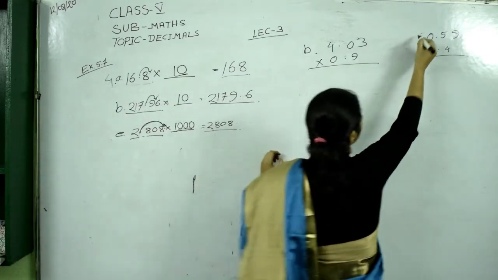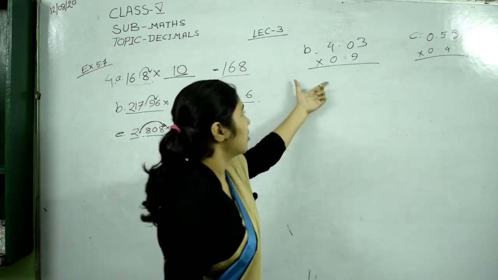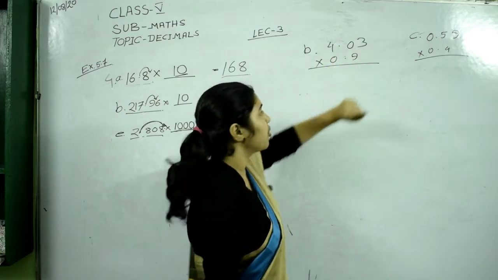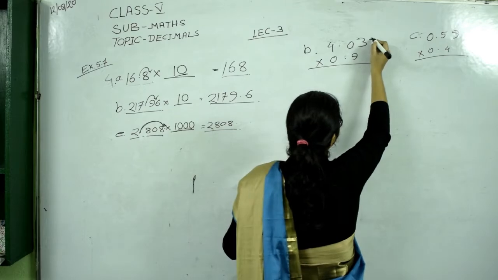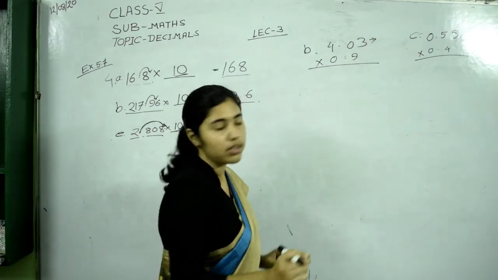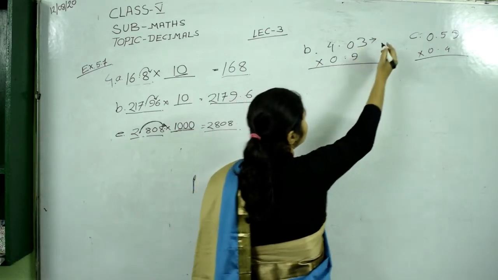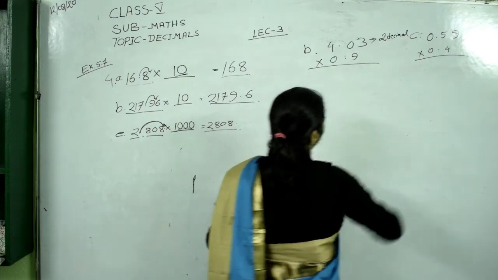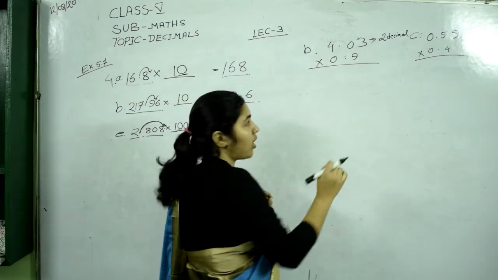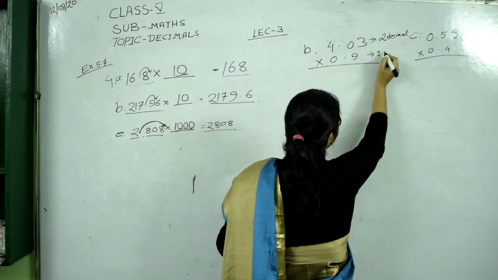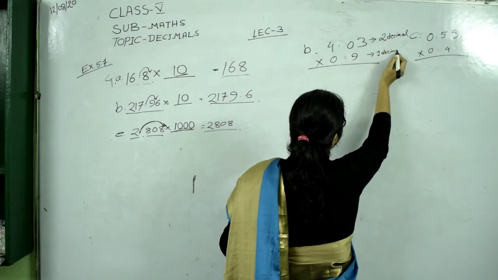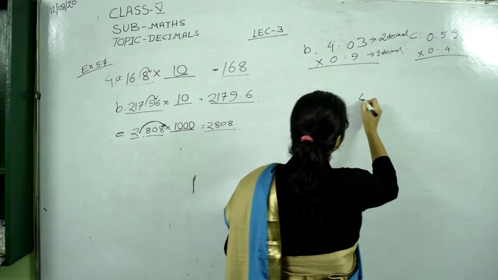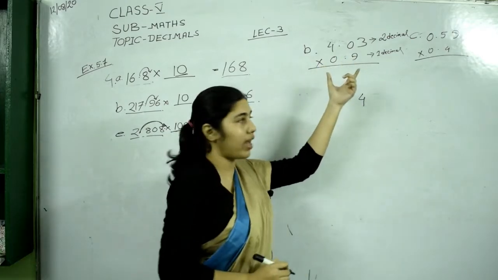See. Here, our first decimal number is 4.03, which means this number has 2 decimal places. 1, 2. So, 2 decimal places. And the second number 0.9 has 1 decimal place.